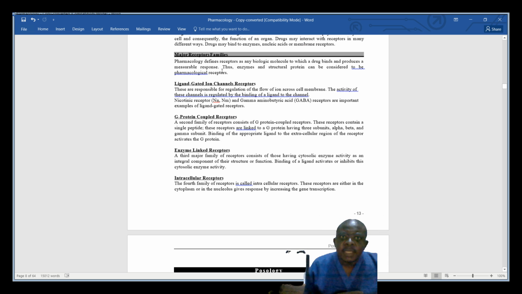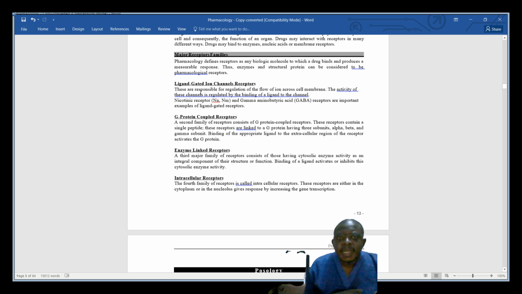So, pharmacology defines receptors as any biological molecule to which a drug binds and produces a measurable response. Thus, enzymes and structural proteins can be considered to be pharmacological receptors.